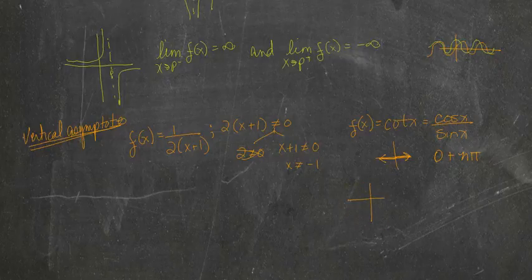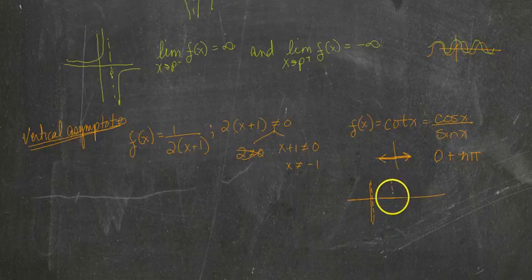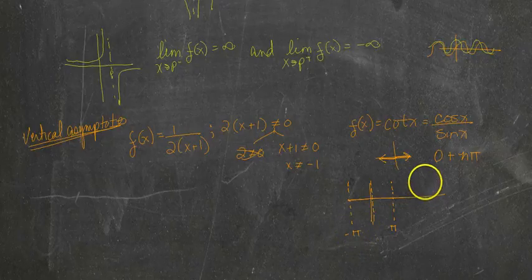So on the graph, if you were going to graph the cotan function, you would go right in here and say there's a vertical asymptote at 0, and there's a vertical asymptote at 1 pi, and there's a vertical asymptote at -1 pi, and at 2 pi, and on and on and on.